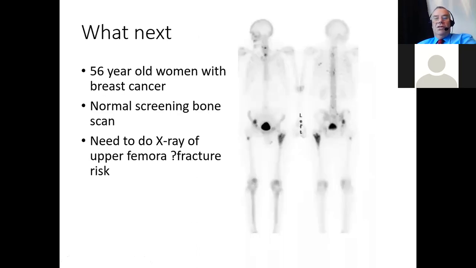So this is a patient who also has breast cancer with a different kind of distribution. Here the number of metastases is quite low, but you can see very worryingly in both proximal femora, there is focal uptake, and on the left side, it involves almost the whole width of the femur, and on the right side, there's a dot just in the neck of the femur.